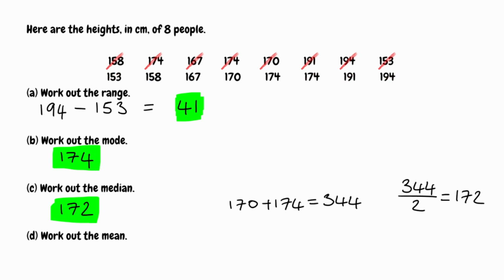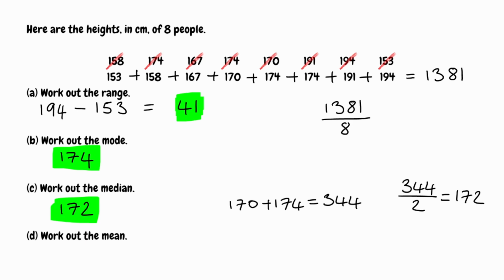And then finally, for part D, we need to work out the mean. So again, for the mean, all we're going to do is take all our numbers in our list and we're going to add them together. So if we add all of those numbers together, that would give us 1,381. And then for the final step, we take that number and we divide it by how many numbers were in our list that we've added together.